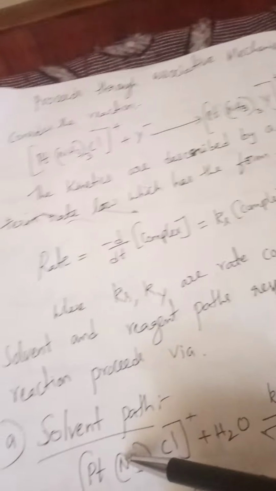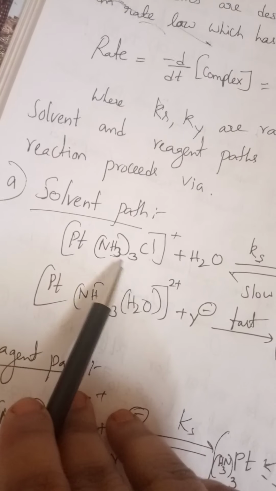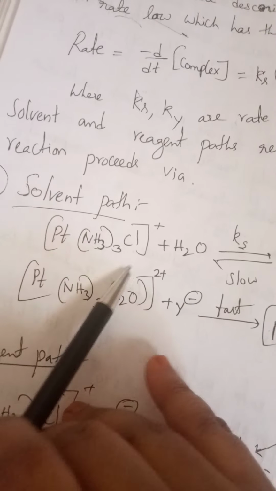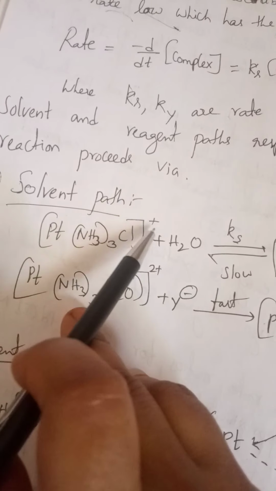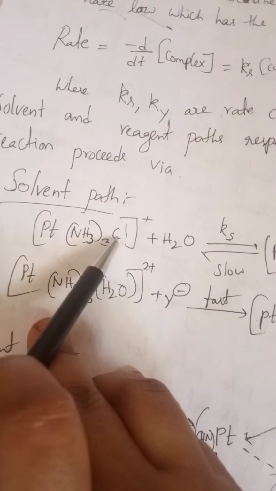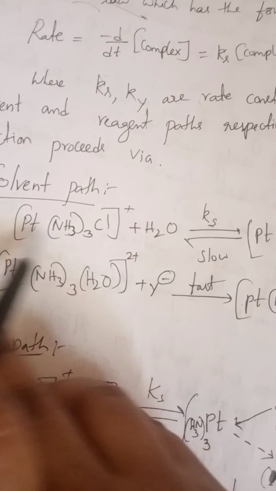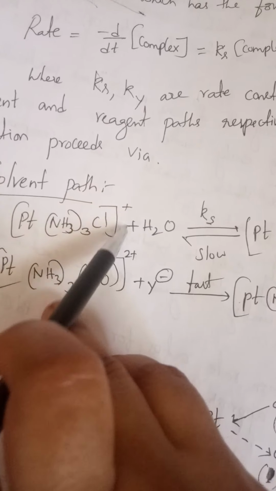This reaction proceeds via, first, the solvent path. What is meant by solvent path? Take platinum NH3 taken thrice chloride. You already know platinum is plus 2 charge: the complex is neutral, so x minus 1 equals plus 1, and x is equal to plus 2. There is no change in the overall oxidation state of the complex; we change only the coordination sphere.